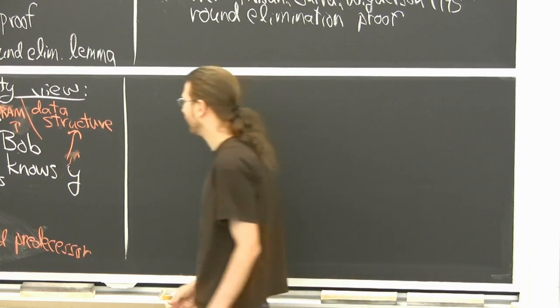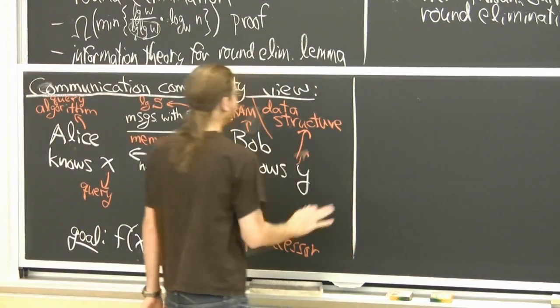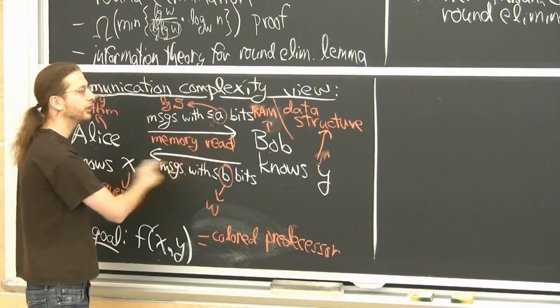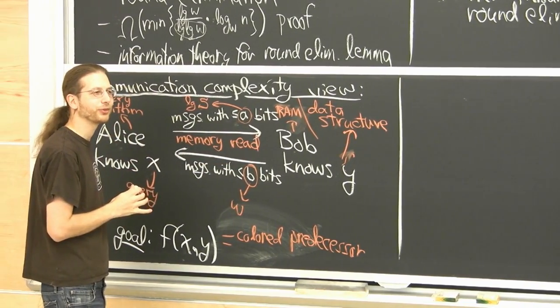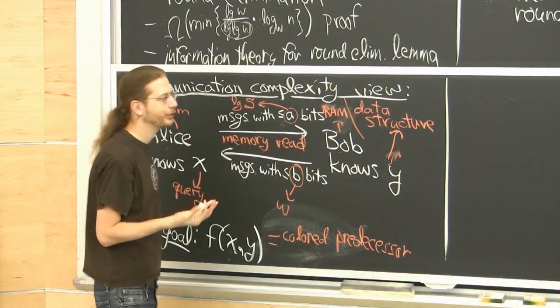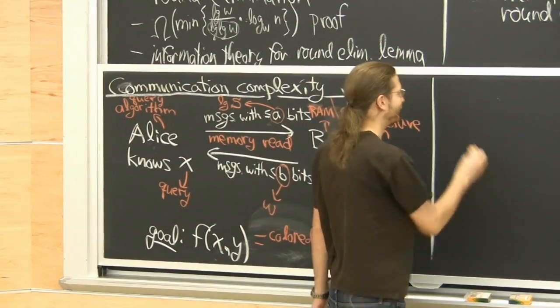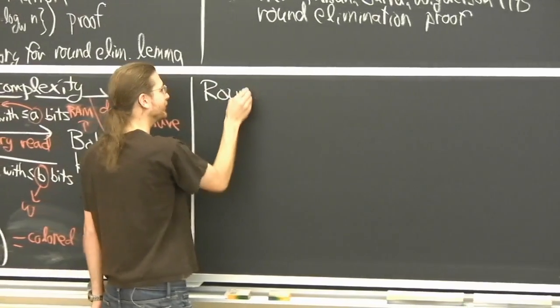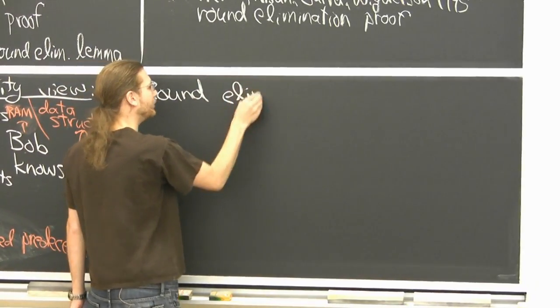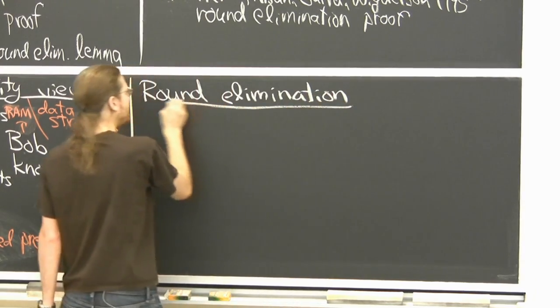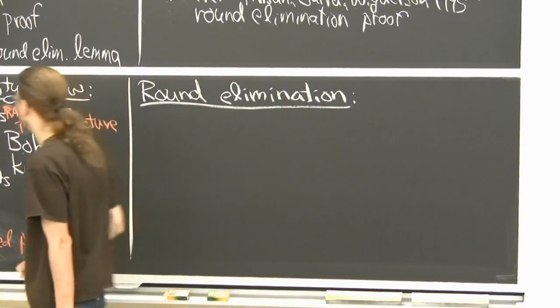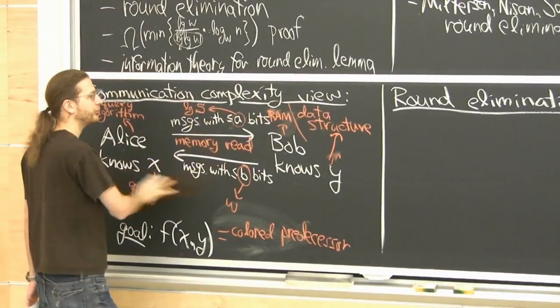Clear? So a very simple idea, but a powerful one, as we will see, because it lets us talk about an idea which makes sense when you're thinking about protocols, rounds of communication, but does not really make sense from a data structure perspective. Well, not as much sense. Round elimination is a concept that makes sense for any communication style protocol.